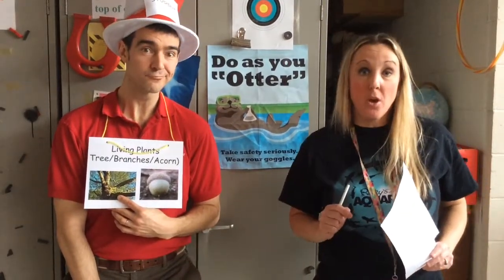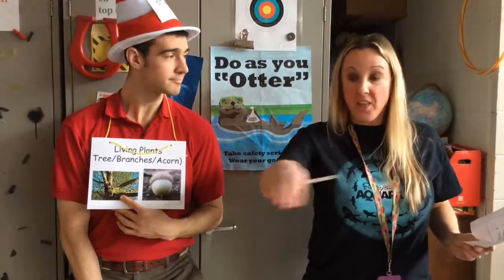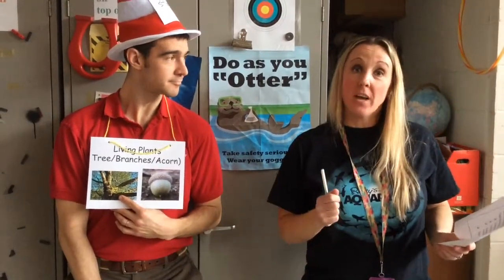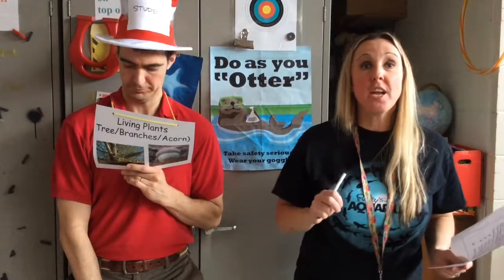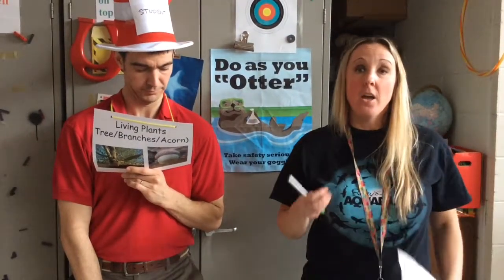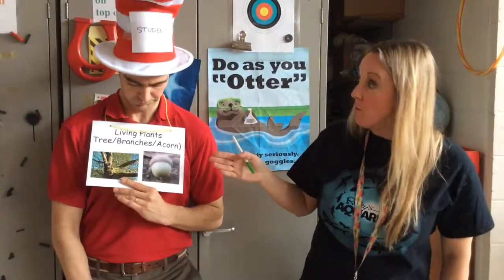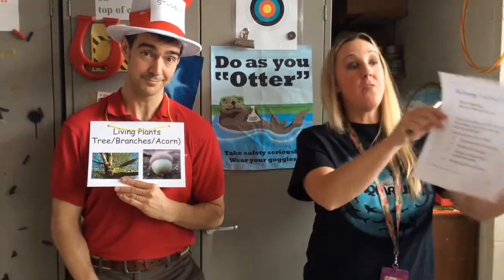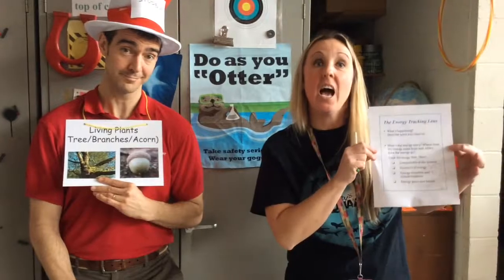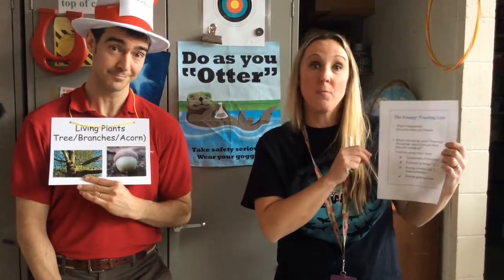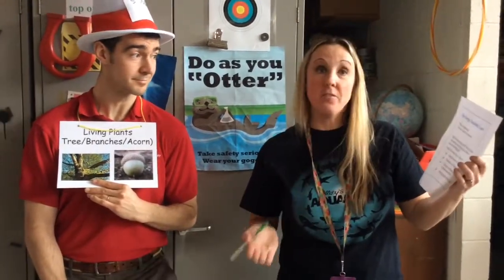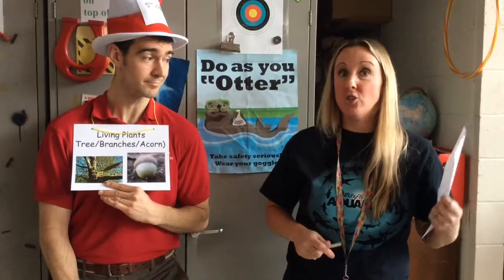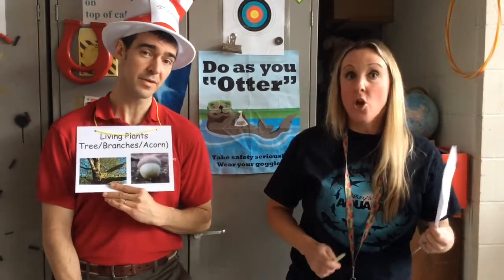This would be the point where students who are within the model can either check the back of their cards or raise their hands and participate as an organism that might use the living plants for their energy. Then you would follow the energy tracking lens again, asking those same questions. How does the energy flow, and how does the energy transform and change?